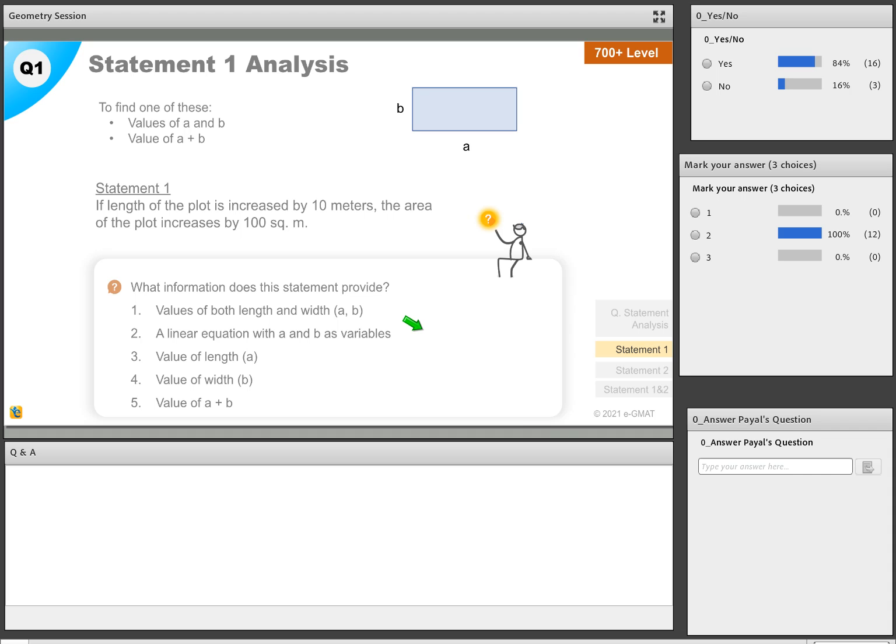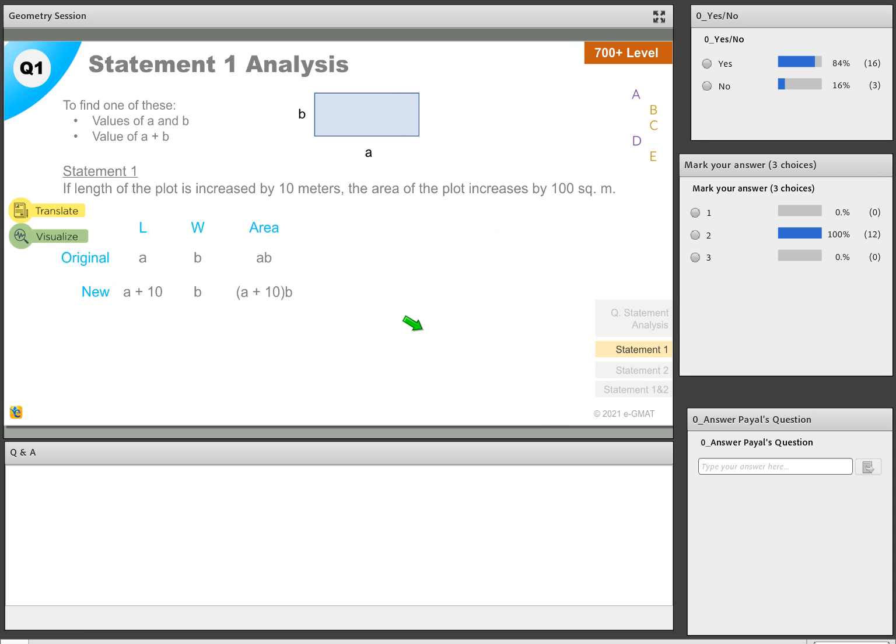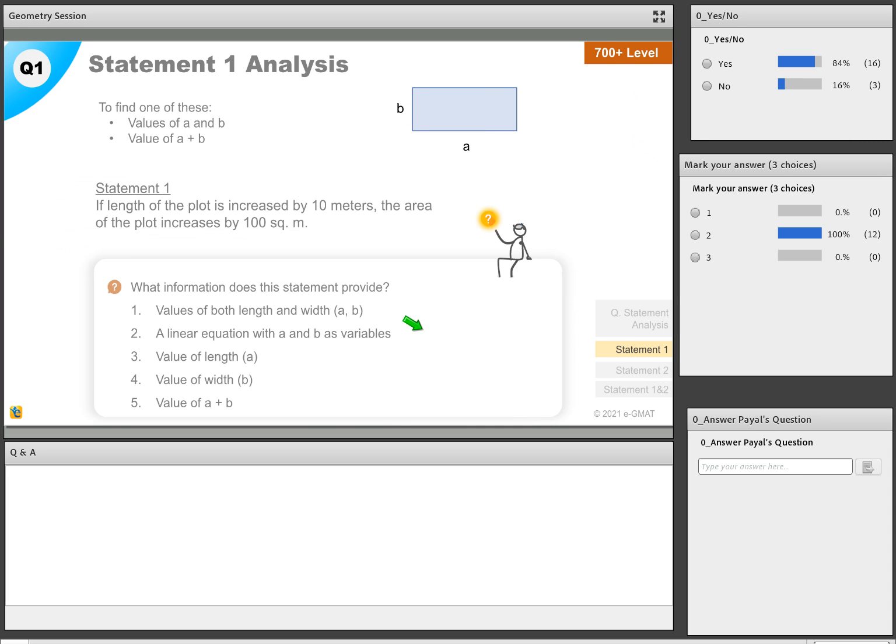Now, I want you to answer this question. Hold on here. 5 choices here. So answer this question now. From statement 1, what is it that we are able to get? Are we able to get values of both length A and B, both length and width?